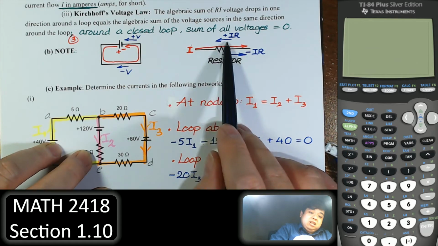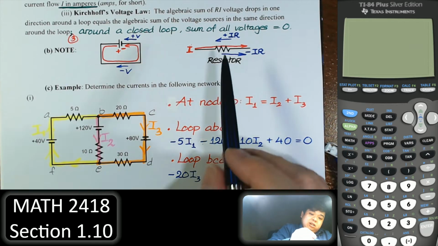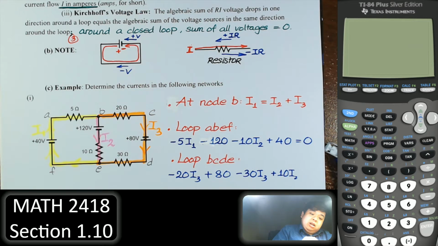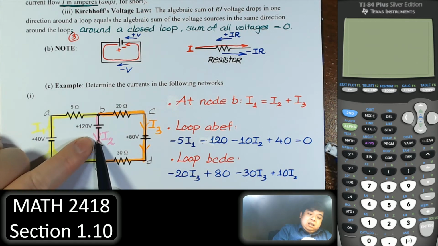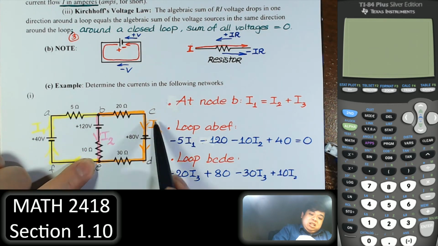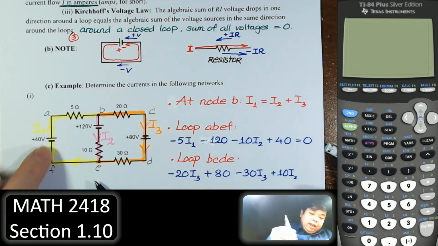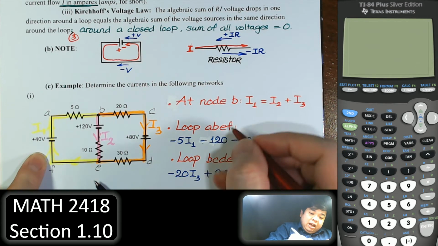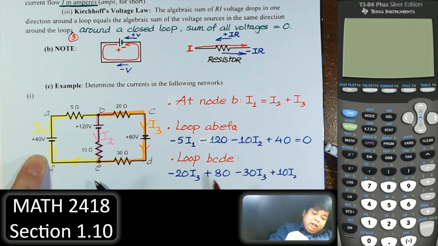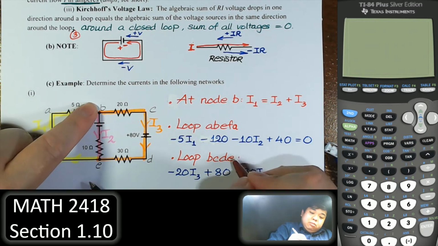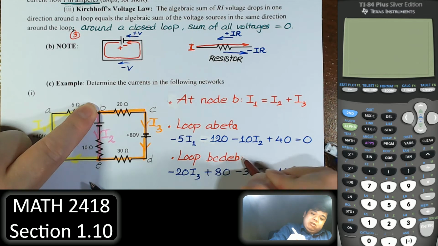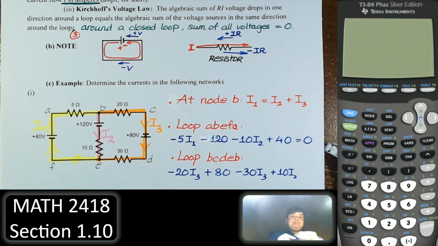If we go against it, we gain. Go through the resistor. And next, if we go in this direction, B, C, D, E, the closed loop A, B, E, F, A is a closed loop, and B, C, D, E, B is a closed loop.